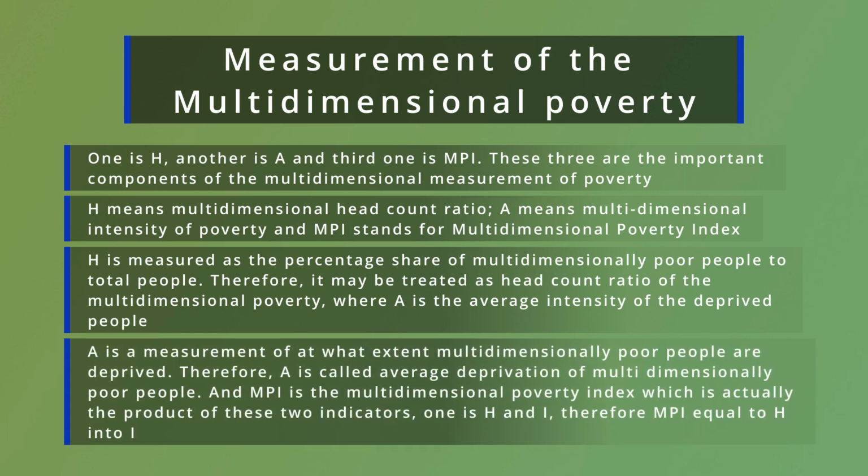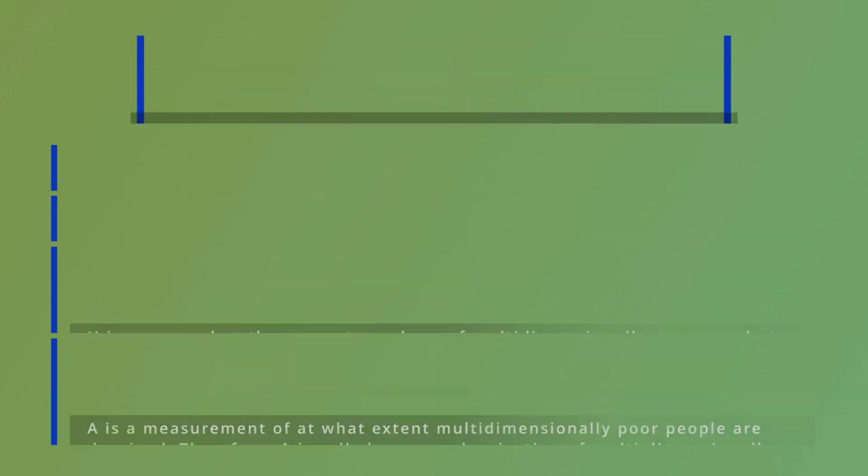A is a measurement of to what extent multidimensionally poor people are deprived. Therefore, A is called the average deprivation of multidimensionally poor people. And MPI is the multidimensional poverty index, which is actually the product of these two indicators, H and A. Therefore, MPI equals H into A.